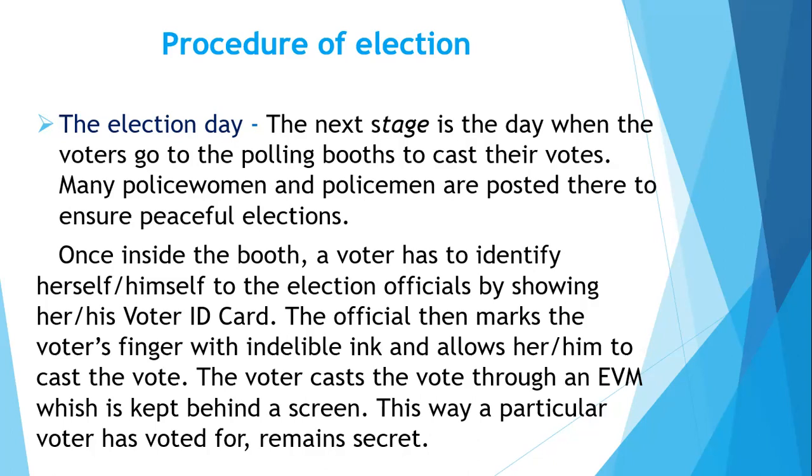The official then marks the voter's finger with indelible ink and allows her or him to cast the vote. The voter casts the vote through an EVM which is kept behind a screen. This way, whom a particular voter has voted for remains secret.